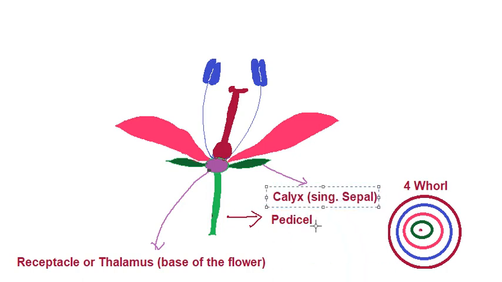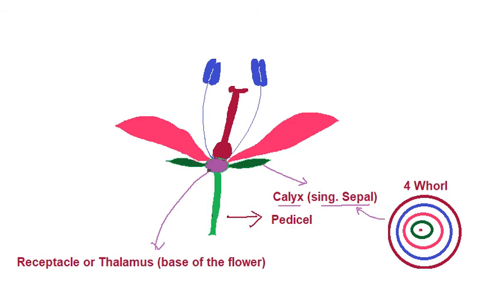This is the calyx for us. The individual unit of the calyx is known as the sepal. So this is the outermost and it is known as calyx. The calyx is generally green in color.